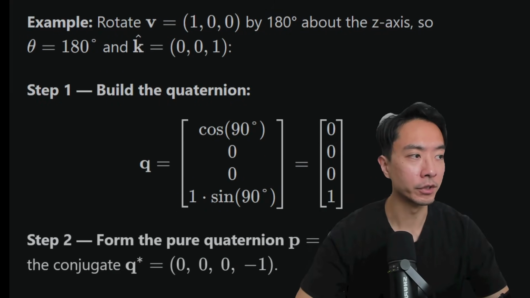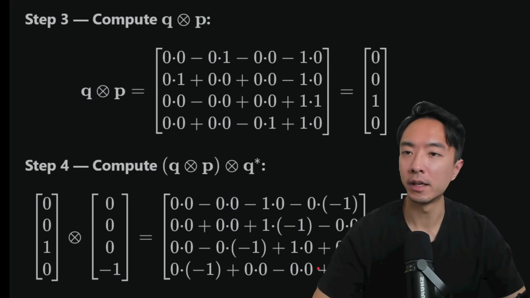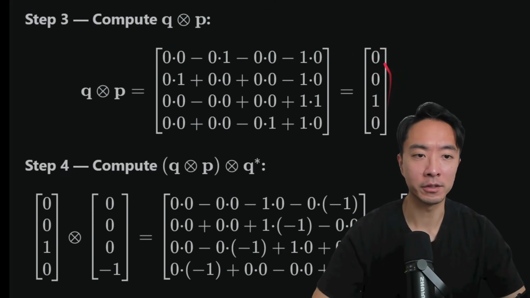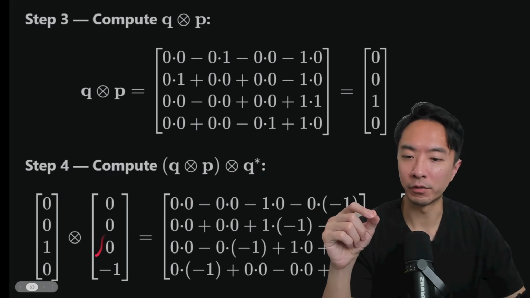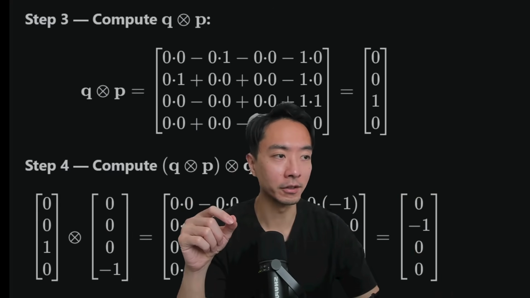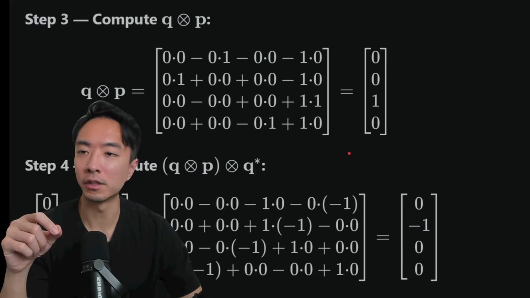If I move over, you can see the other vector we have here is 000 -1. If we compute the product here, we have this new vector 0010. Then if we compute the product again using the Q star and multiply everything out, the final answer we get is going to be 0 -100.